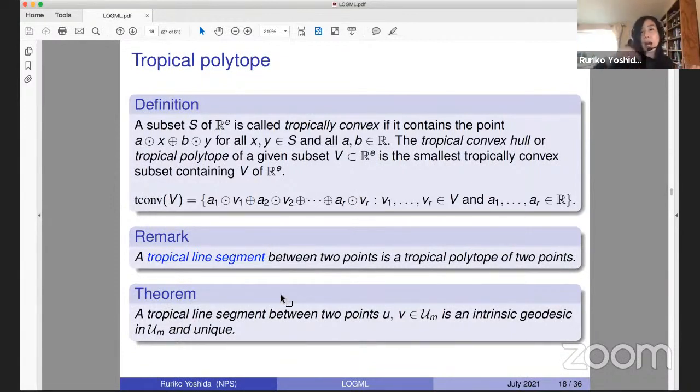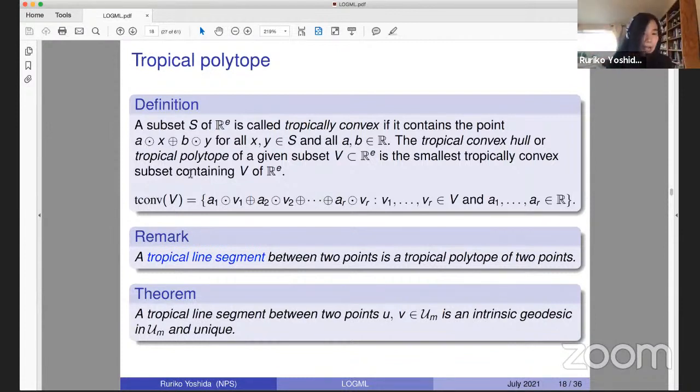That means it never comes outside of the space of phylogenetic trees. Also, if all vectors in V are ultrametrics, i.e. vectorized phylogenetic trees, then this polytope is going to be inside of the tree space.